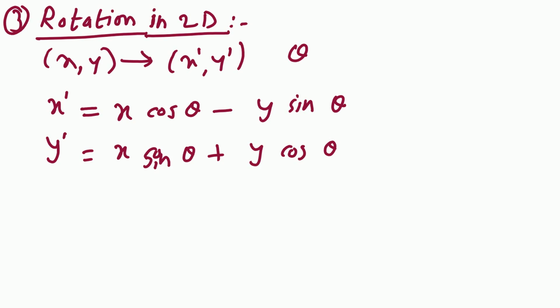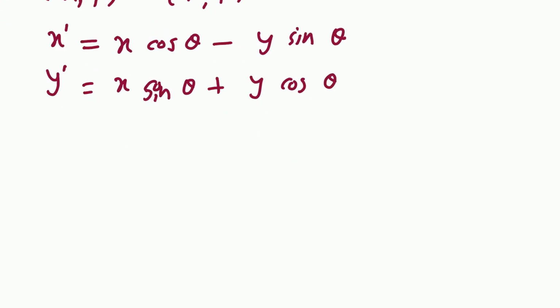Sin and cos are much costlier than addition or multiplication. So this rotation in 2D, this geometric transformation, has a considerable computational cost as compared to scaling or simple translation. Let us consider the representation of rotation in the homogeneous coordinate system.